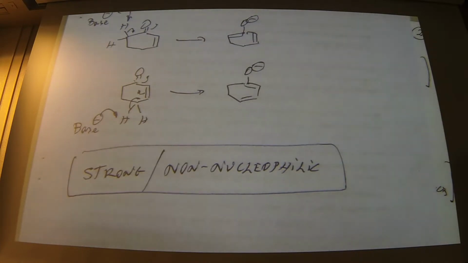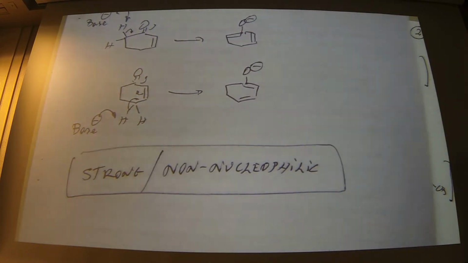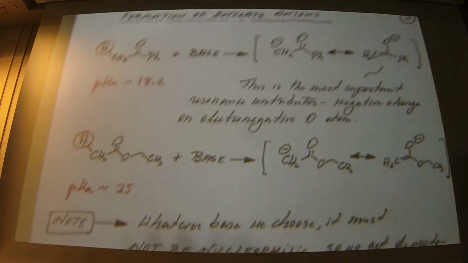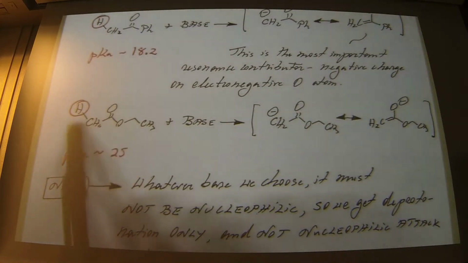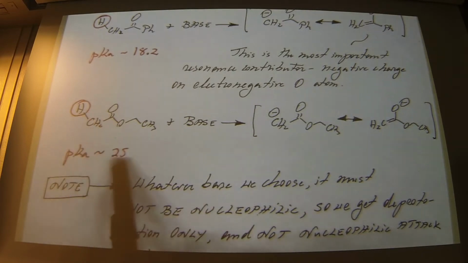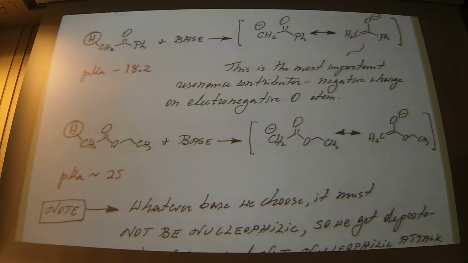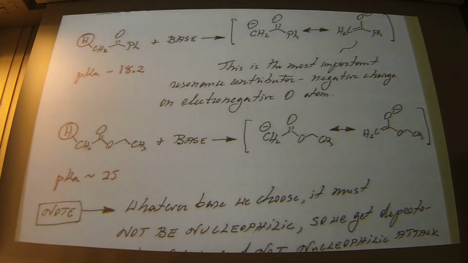Well, for ketones, maybe it doesn't make as much difference, but for esters, which are even harder to deprotonate because the acidity here is even lower, this base had better not be a good nucleophile. Why is that? We talked about it this morning. What do nucleophiles do with esters? They attack the carbonyl, right? So I have two different kinds of reactivity.